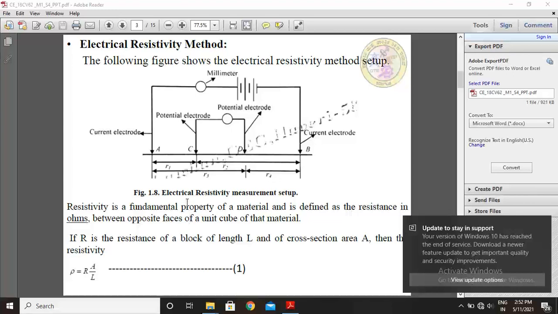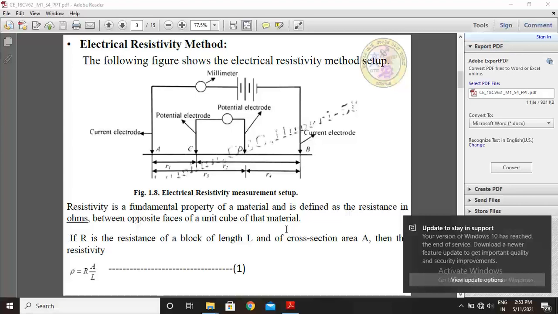Resistivity is a fundamental property of a material and is defined as the resistance in ohms between opposite faces of a unit cube of that material.